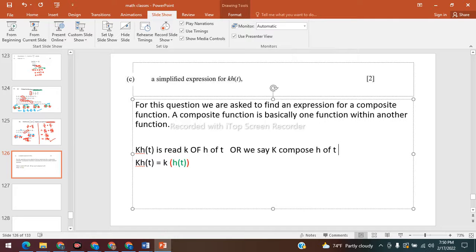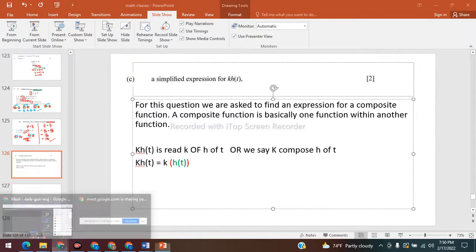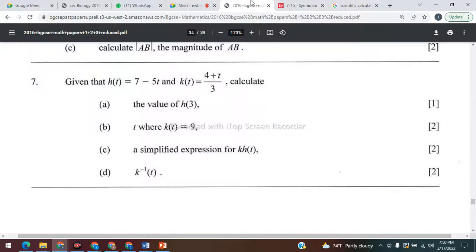So h of t is within k. That's the idea there. So let's consider this. So h of t is definitely this function, 7 minus 5t.